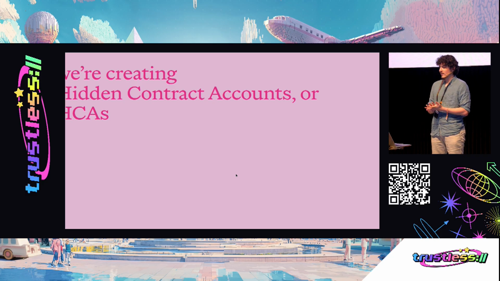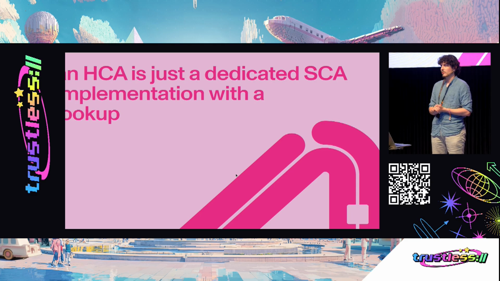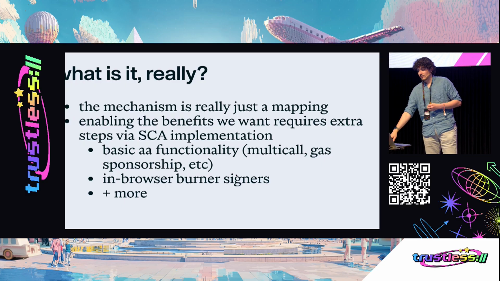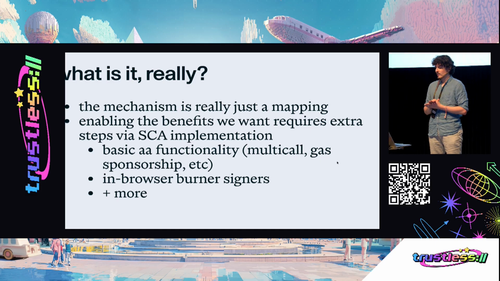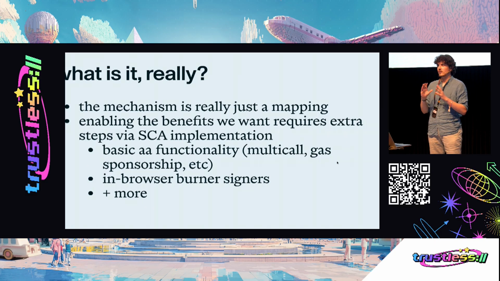So what we're creating are hidden contract accounts, or HCAs as we're calling them, and essentially it is just a dedicated SCA, or smart contract account implementation, but with a lookup mechanism built in. The lookup is really just a mapping, and that mapping is really dead simple. This is nothing insane. This is not some crazy new architectural decision that we've decided to make.